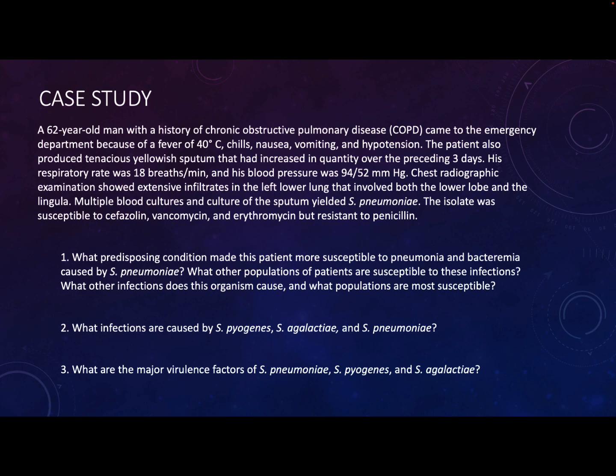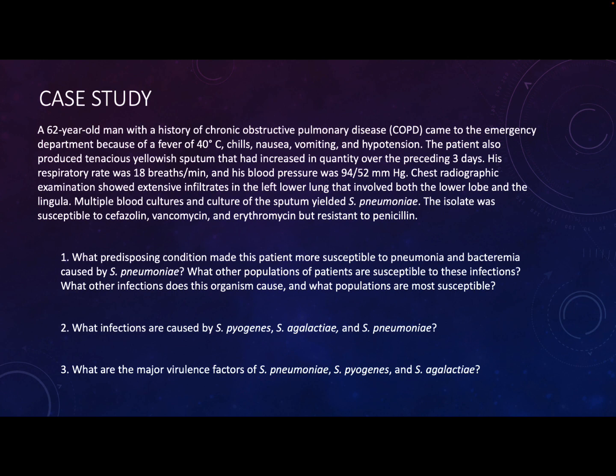All right, last group in the back, group 3, what are some of the major virulence factors we see with some of these different species? For Streptococcus pyogenes, it's beta hemolytic. Has the M protein, F protein, capsule, which help evade immune responses. Has toxins, the streptococcal pyogenic exotoxin.